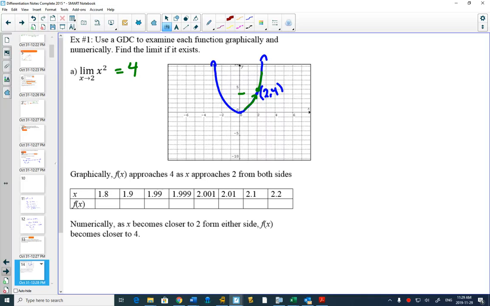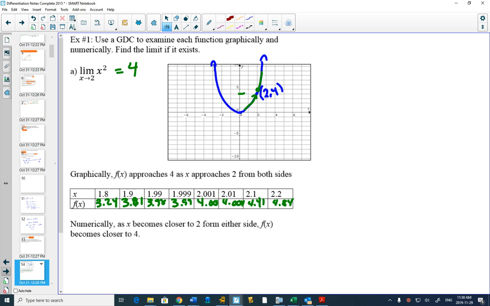And if we type these values into our calculator, I'm making up numbers, but 3.24, 3.61, it's getting closer to the 4. And then as soon as you go over 2, it might be 4.001, 4.01, 4.41, 4.84.